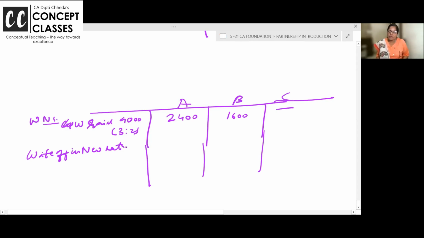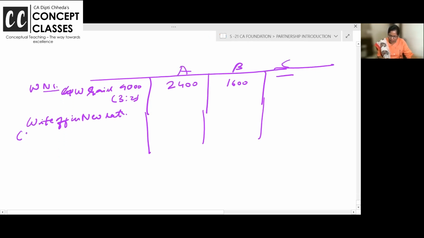So the new ratio. A and B are sharing equally. Okay. So out of 1, 1/4 C has taken, and 3/4 is shared half and half by both of them, so 3/8 each.